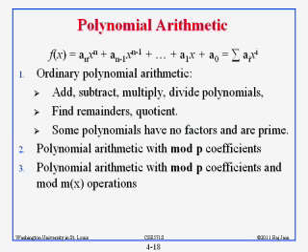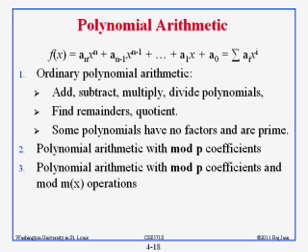Now things become a little bit more complicated. So far we were talking about numbers. Now we will talk about polynomials. Any polynomial can be written as a power of x. This is a polynomial of order n, because the highest coefficient which is non-zero is x raised to n.